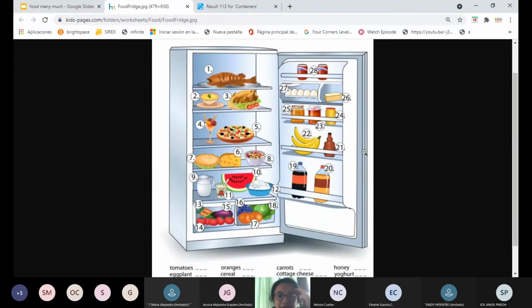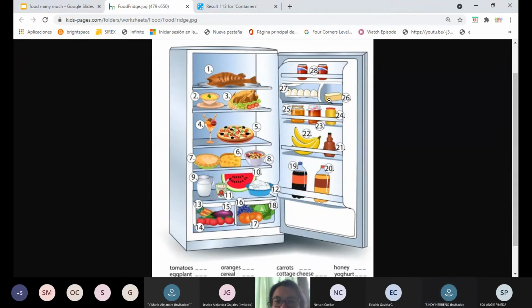Cindy Herreño, how many eggs are there in this picture? There are 5 eggs. That's correct. There are 5 eggs. All right.